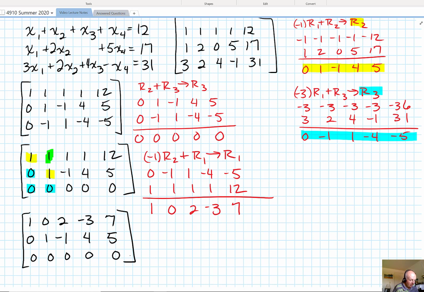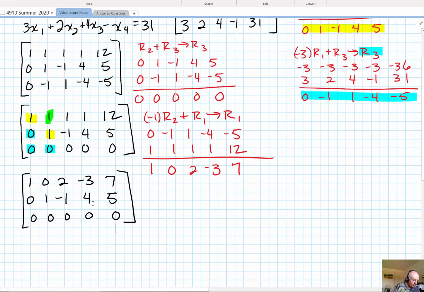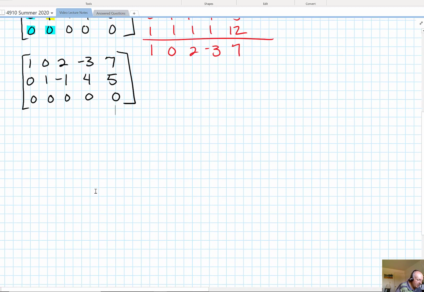Okay, now at this point we're going to need to find the solutions, right? And remember our rule: any column that has a leading term in it, those two have a leading term.